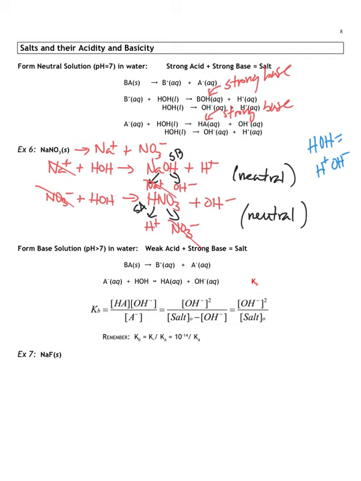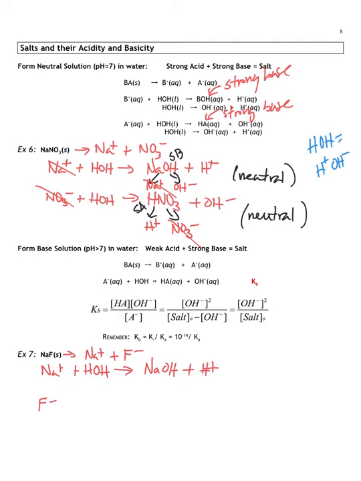Let's go ahead and dissociate this into the ions that make up the salt. We're going to react each of the ions in water. I'm going to write water, HOH, and then I know that NaOH is going to form, and that's a strong base, plus H+.